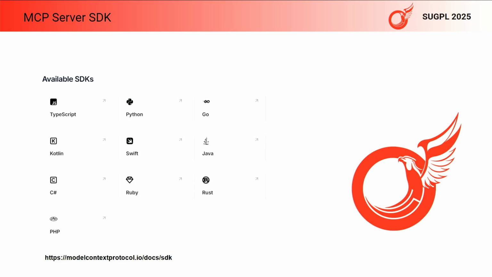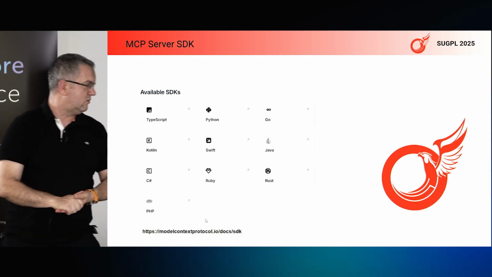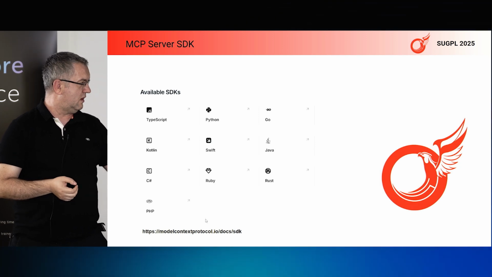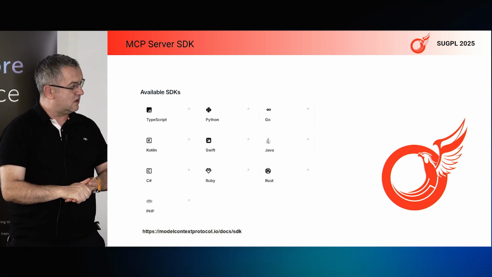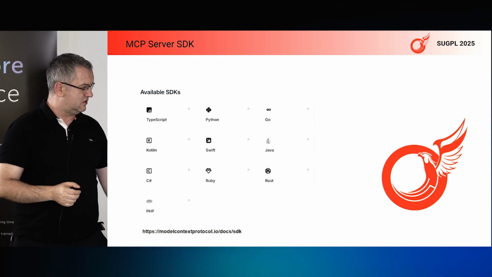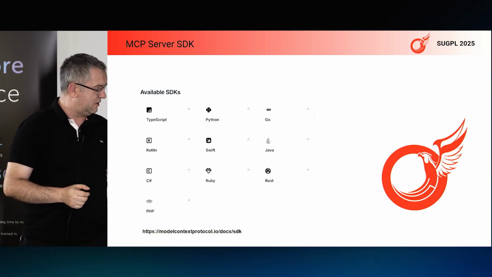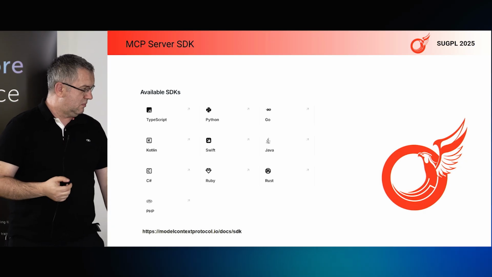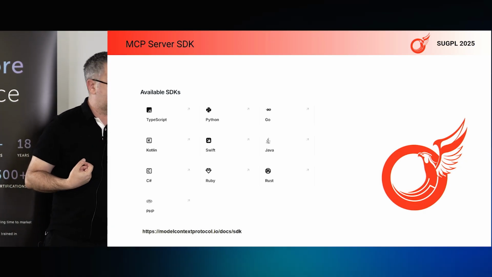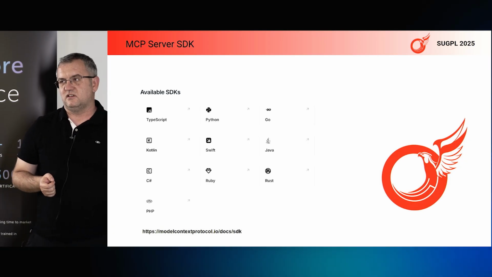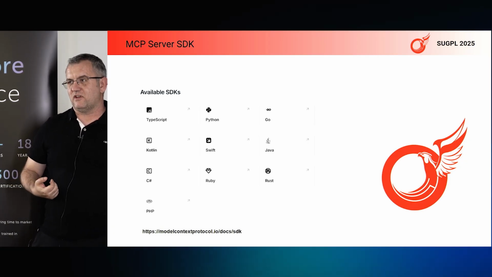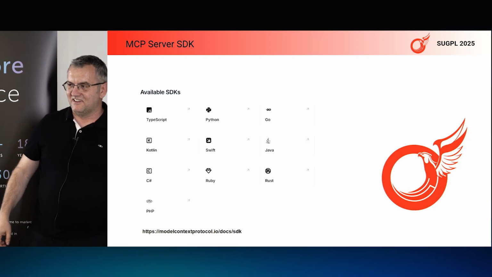What are the available SDKs? This one is a picture from the site, and you can see that we have SDKs for TypeScript, Python, Go, C#, and PHP. Being a backend developer, I was looking at C#, and I noticed that it's a preview version, so you don't have a release there.